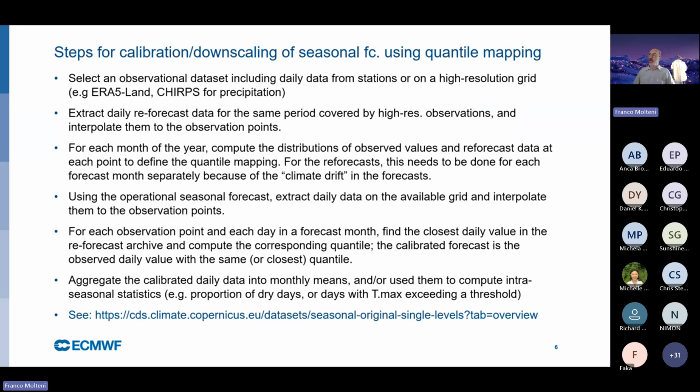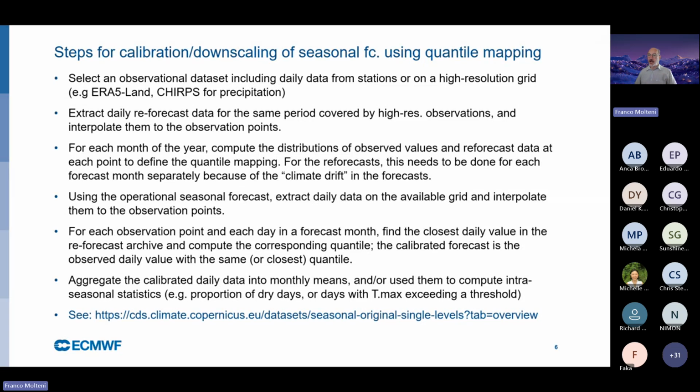Okay, so you will end up with a large set of daily calibrated values, and then you can aggregate them back into monthly means, or you can use the sequence of corrected daily values to compute some intra-seasonal statistics, for example, the proportion of dry days, or, for example, temperature with maximum daily temperature exceeding a certain threshold.